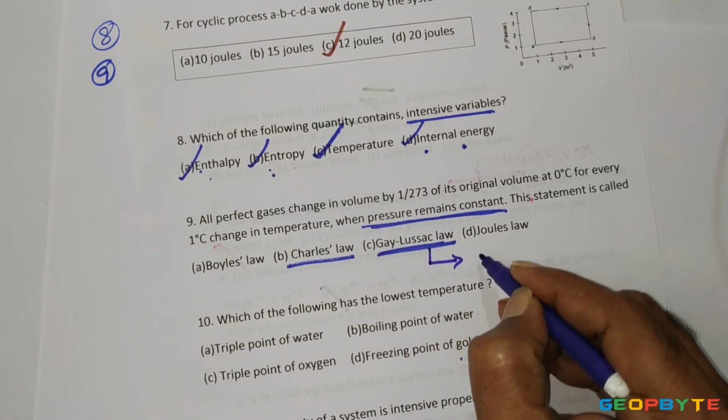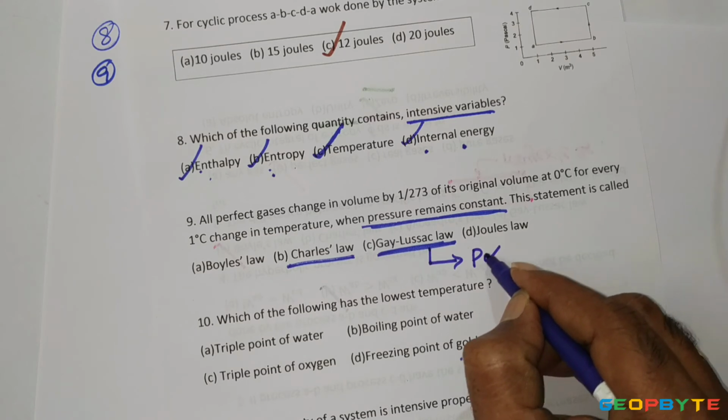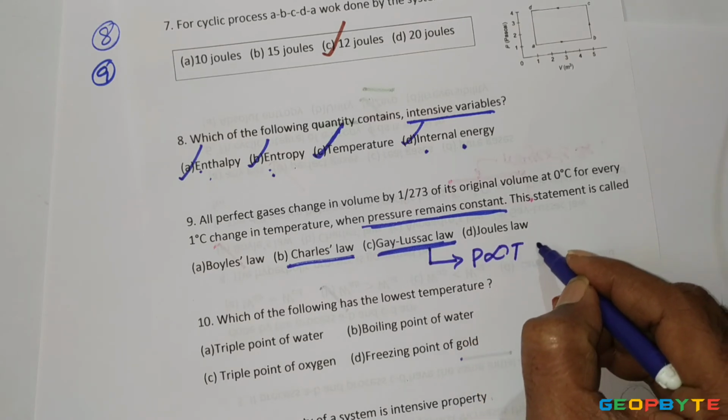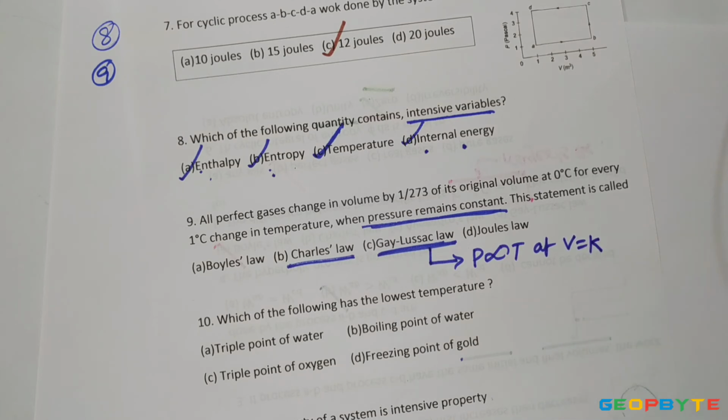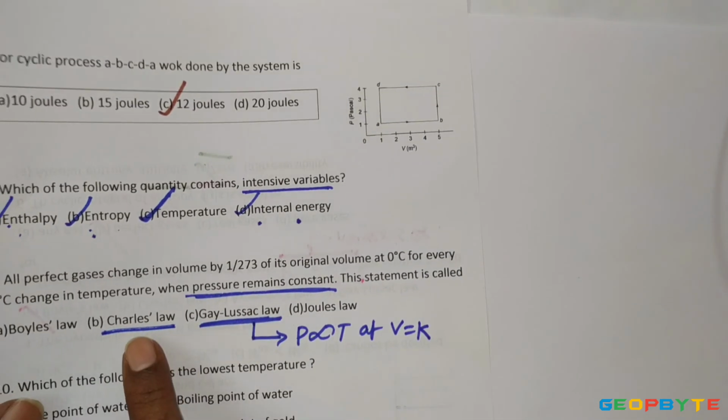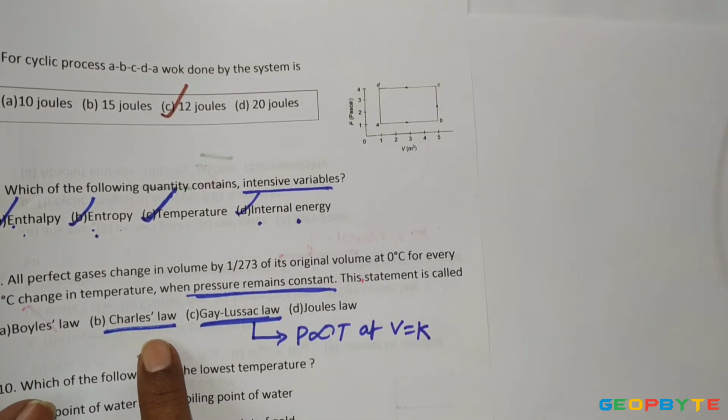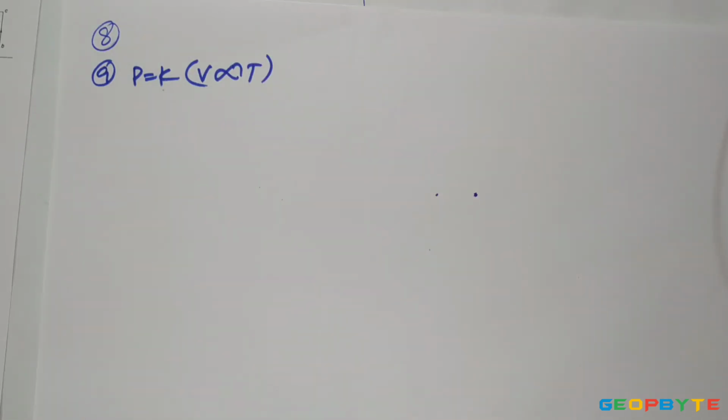According to the Gay-Lussac law, pressure is directly proportional to absolute temperature at constant volume. Gay-Lussac law means Charles second law only. Anyhow, according to Charles pressure law, volume is directly proportional to temperature.